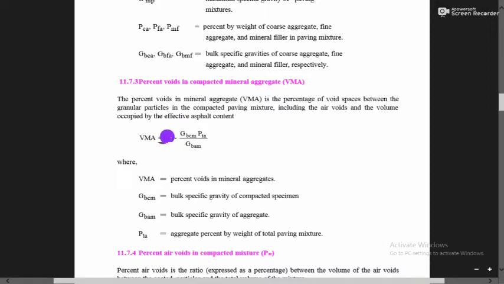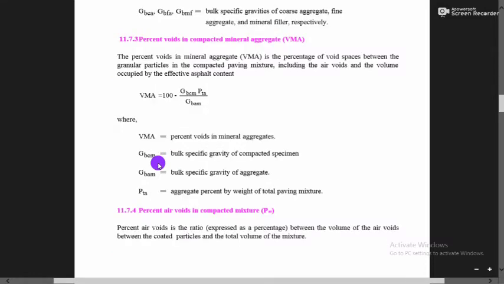VMA equals 100 minus (Gmb times Ps) divided by Gsb, where VMA is the percent void in mineral aggregate, Gmb is the bulk specific gravity of the compacted specimen, Gsb is the bulk specific gravity of the aggregate, and Ps is the aggregate percent by weight of the total paving mixture.